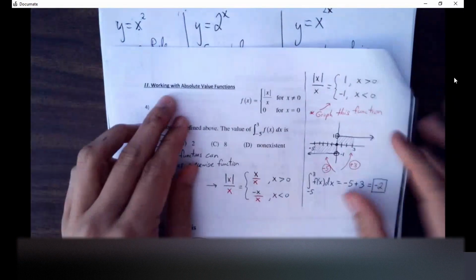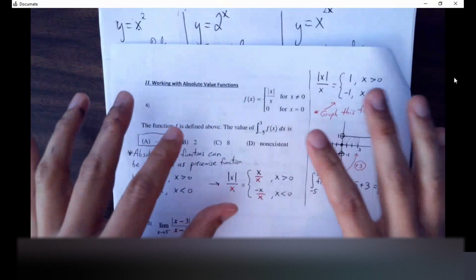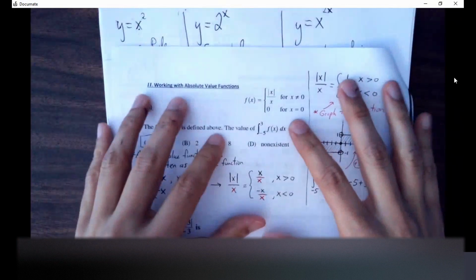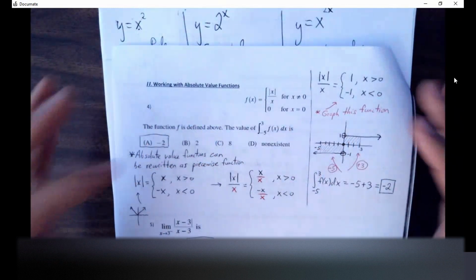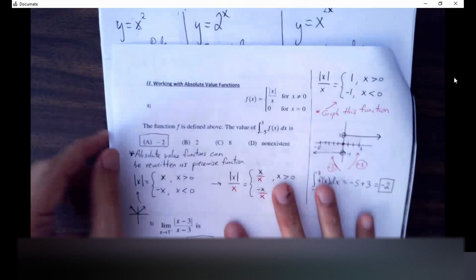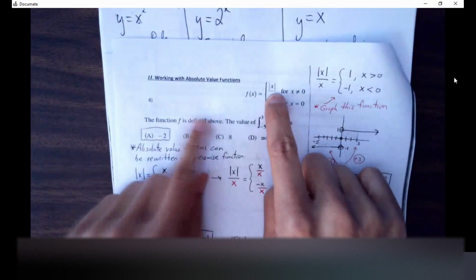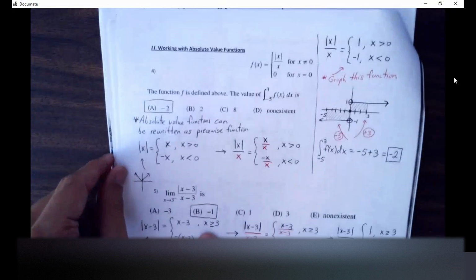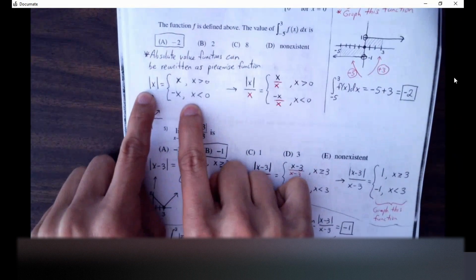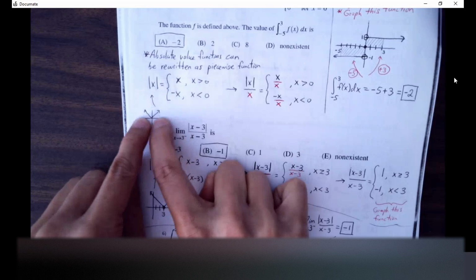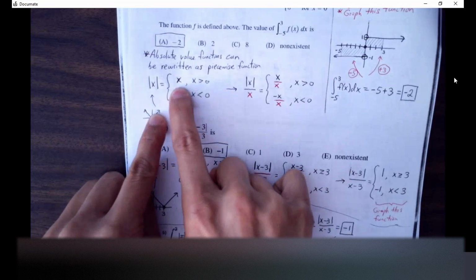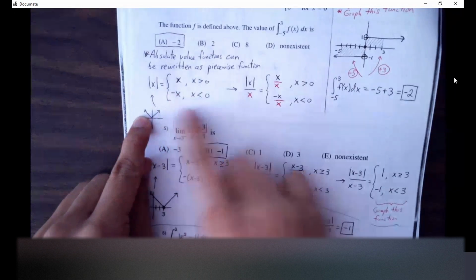With absolute value functions, the tendency is we see an absolute value function and we just don't know what to do with them. My suggestion is, if you see an absolute value function, just write it as a piecewise function. Even if it looks really messy, start with the basics. The absolute value of x is a piecewise function that you can split up into a positive and a negative version.